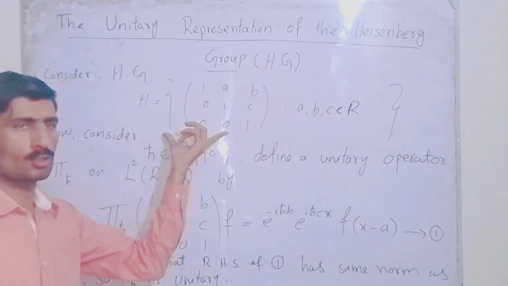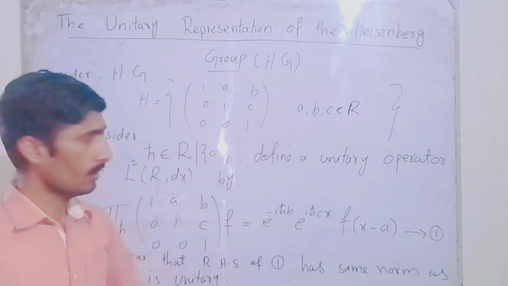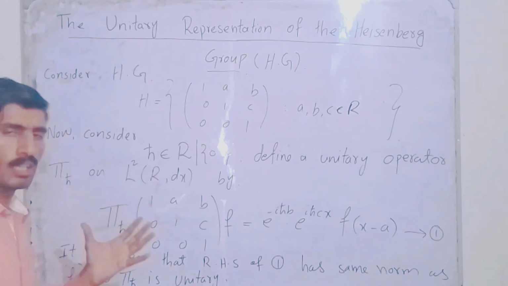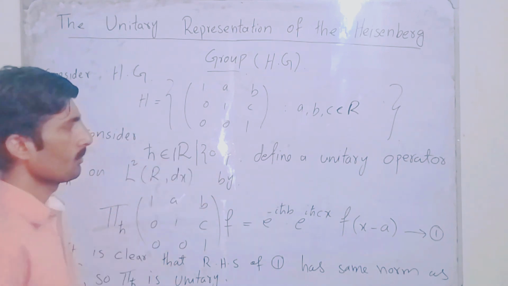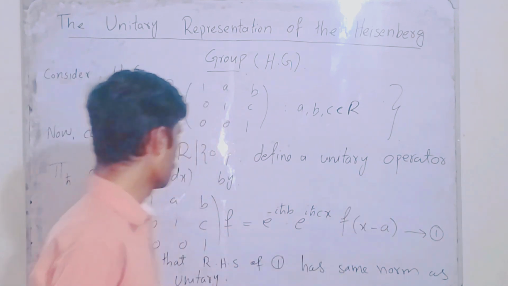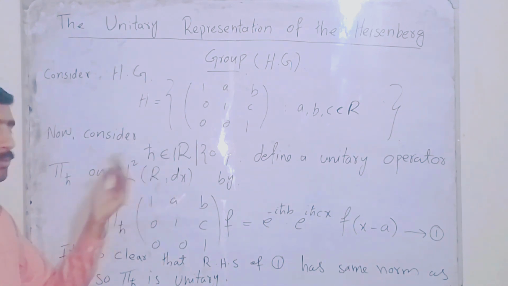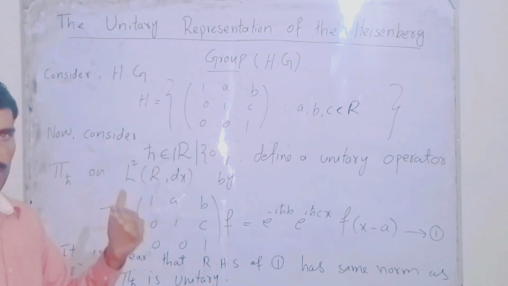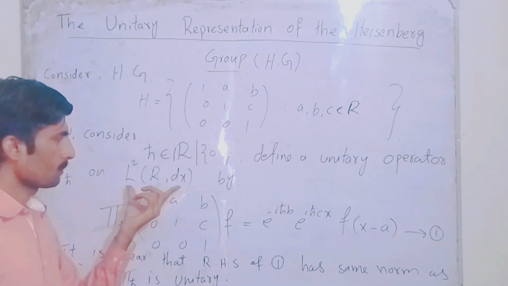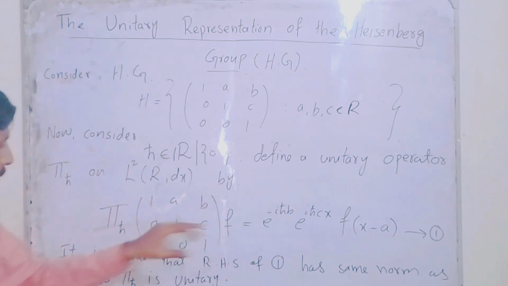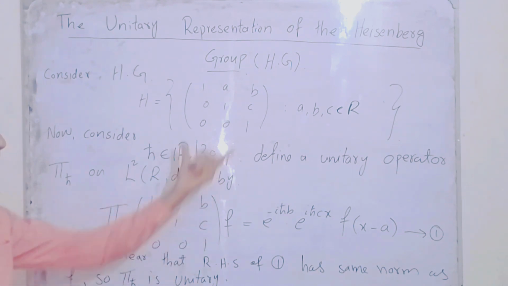Consider the Heisenberg group, whose elements are 3 by 3 matrices where a, b, c belong to R. Now we consider an element h, where h is non-zero, and define a unitary operator capital pi_h on L2, which we already discussed in previous examples as the space of square integrable functions, by this map.